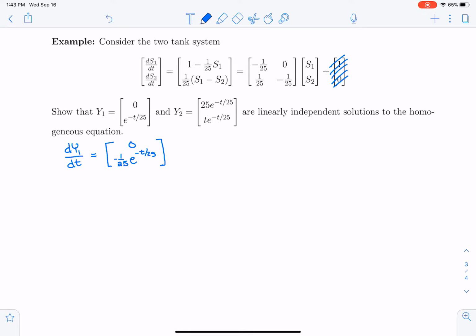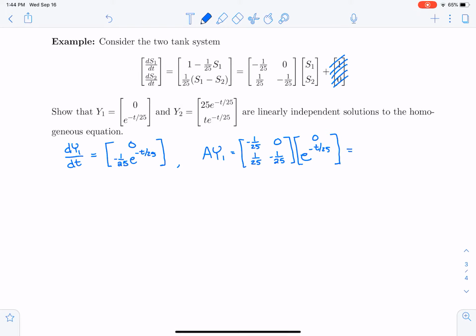And then if I were to do A times y1, well, that would be the matrix minus 1 over 25, 0, 1 over 25, minus 1 over 25, times the vector 0, and then e to the minus t over 25.